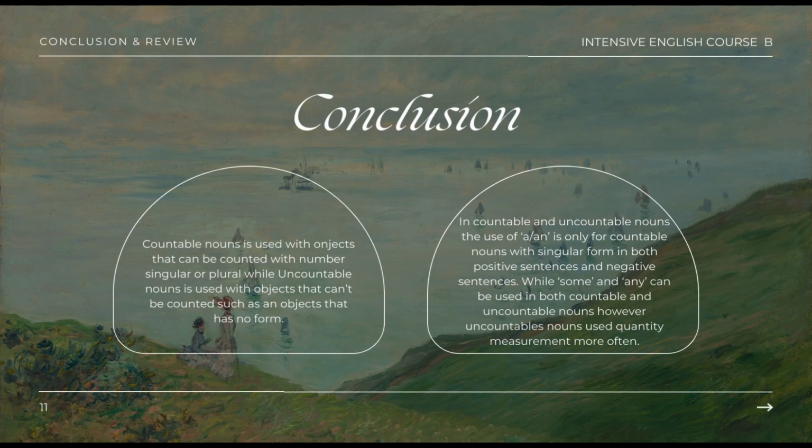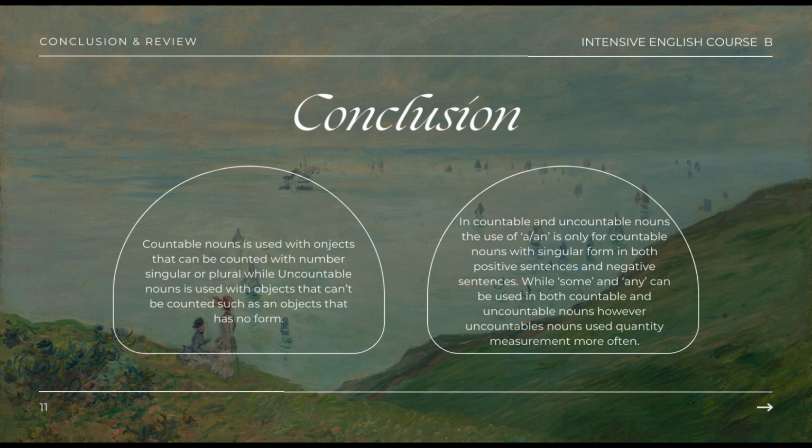Okay, did you understand? I hope you can understand the difference between countable and uncountable nouns. So I have the conclusions for the materials. Countable nouns are used with objects that can be counted with numbers, singular or plural, while uncountable nouns are used for objects that cannot be counted using numbers, such as an object that has no form.